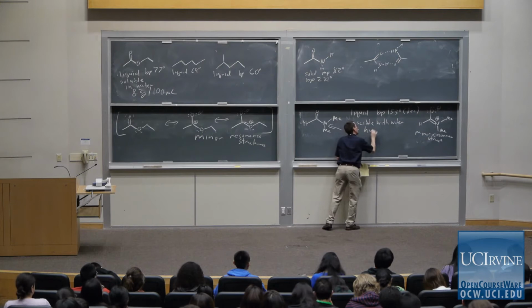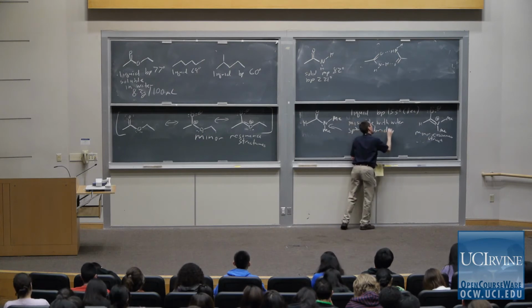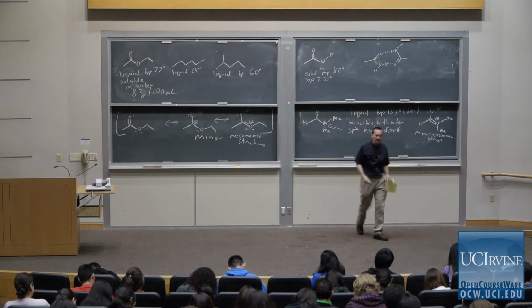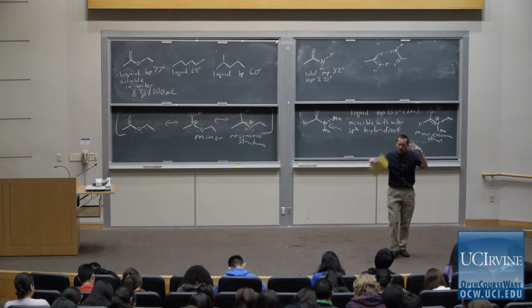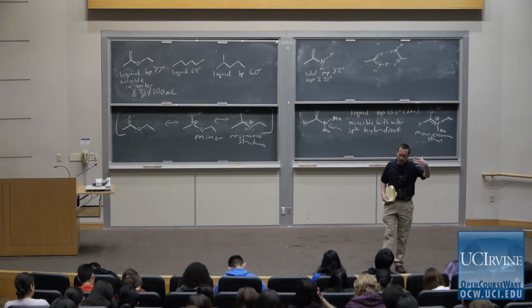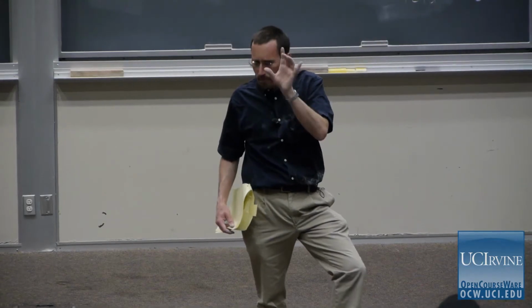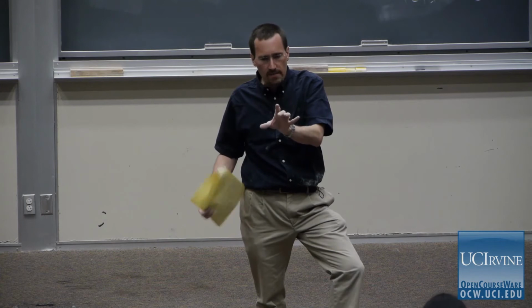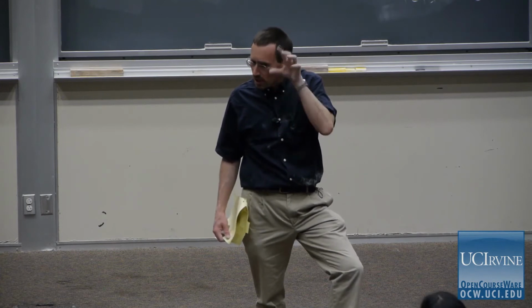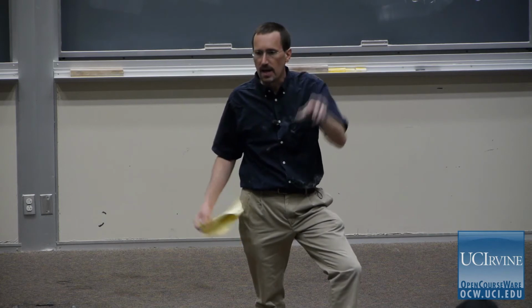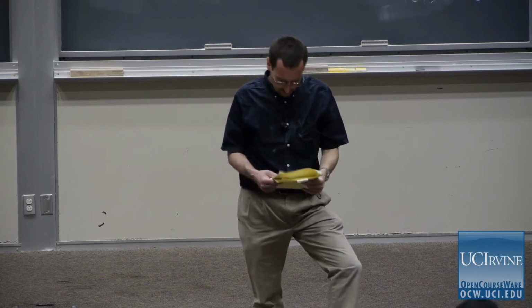I'm going to write it as sp2 hybridized here, because that really comes as the closest description. It's somewhere in between, but it's more like sp2 hybridized. In other words, that nitrogen is not basic like an amine. It's much less basic than an amine because it's participating in resonance.